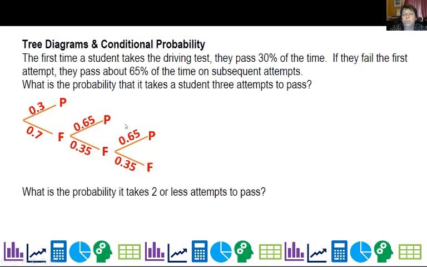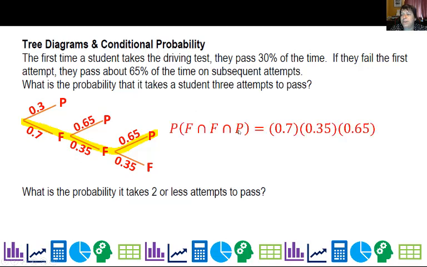Okay, so we're trying to model the situation where it takes them 3 events. That means they would have to fail, fail, and then pass. To figure out that probability, you just multiply those probabilities together. The nice thing is, I don't have to worry so much about whether that is the given. It's sort of automatically the given when you do your trees and you change the branches to reflect that.